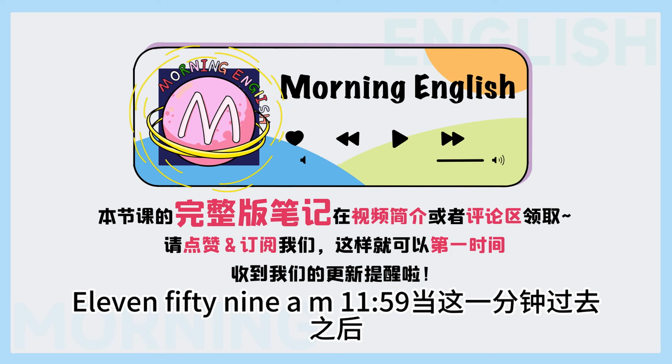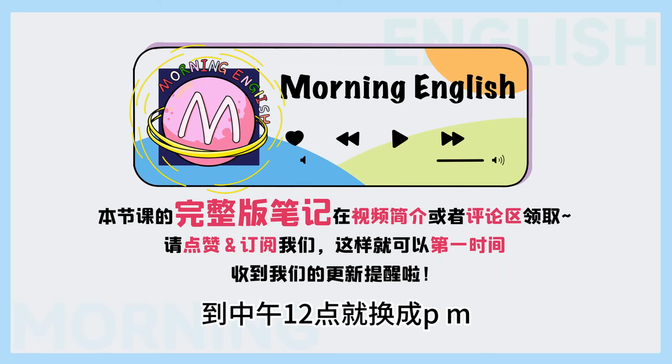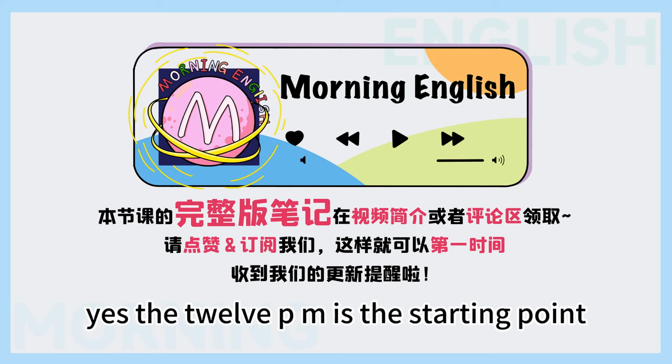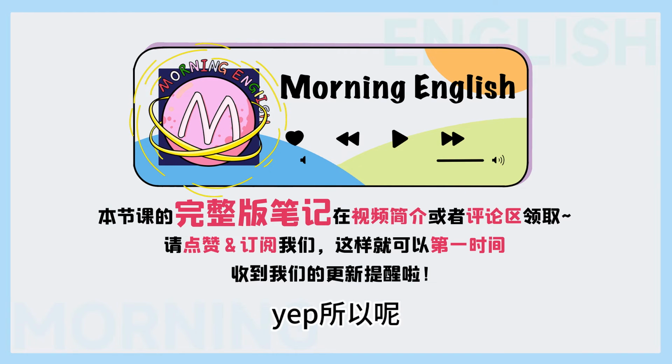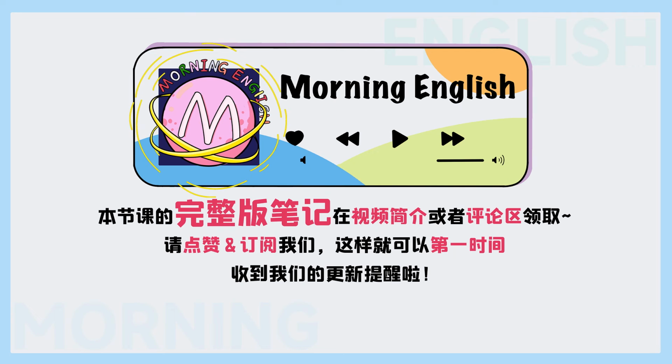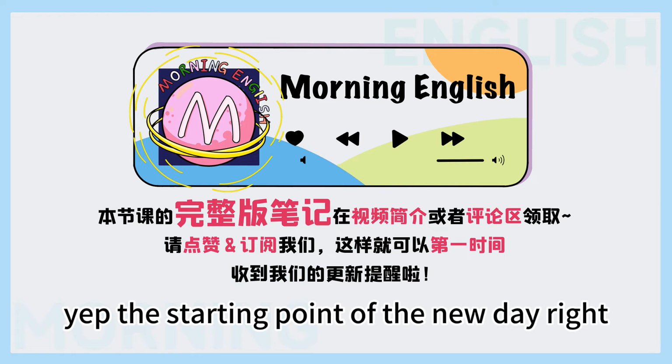Right? 11:59 AM，11点59分。当这1分钟过去之后，到中午12点就换成 PM。That's right. The starting point of afternoon. Yes, the 12 p.m. is the starting point. Yeah. 所以呢，大家记住了，半夜晚上12点是12 a.m. Yeah. The starting point of the new day.